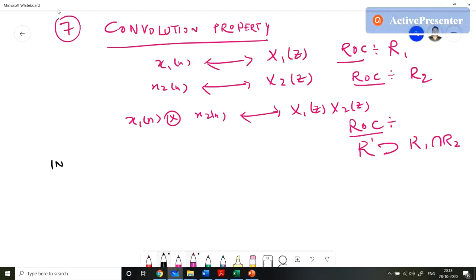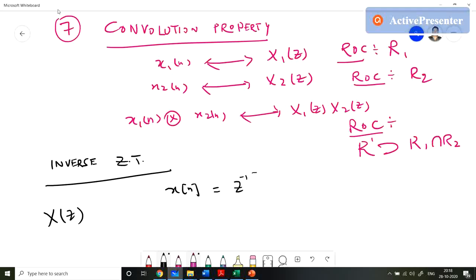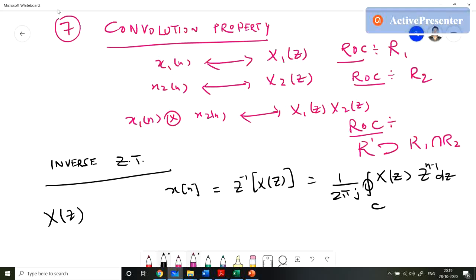There is another topic that is called the inverse Z transform. If we find x[n] from X(z), that is, the Z transform is given and we find the inverse Z transform of this, then x[n] equals Z inverse of X(z), which is equal to 1 divided by 2 pi j times the closed contour integral, and the formula is like this.